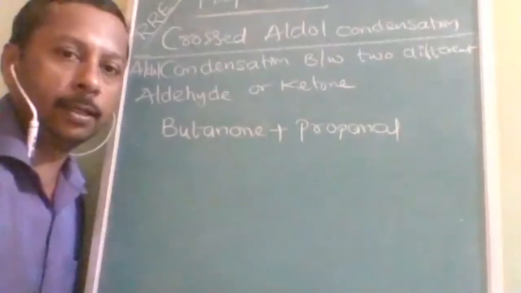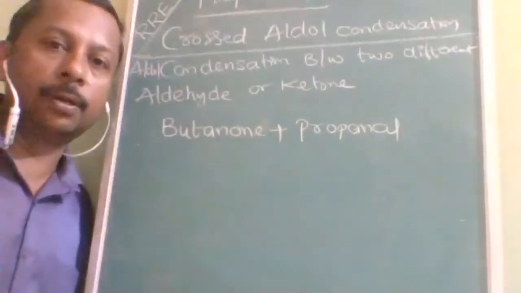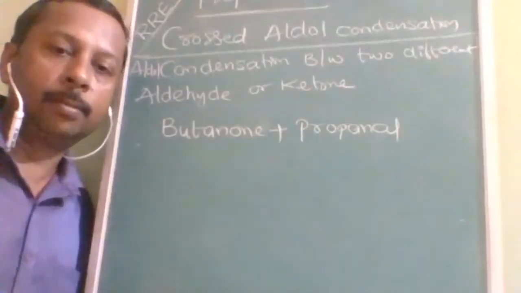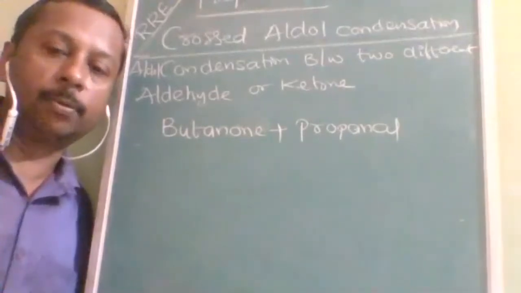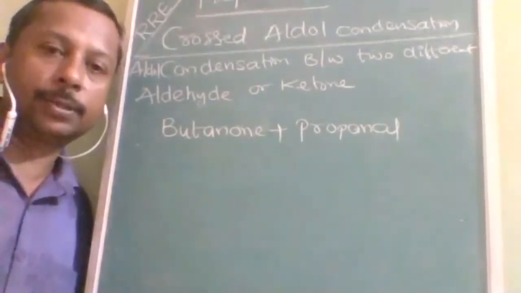Butanone and propanal. Write the products of crossed aldol condensation of butanone and propanal. Okay, now start.